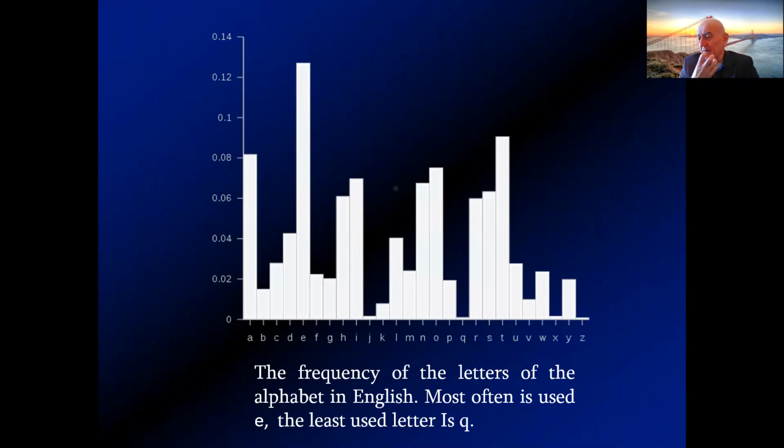And what is the main fault, the main drawback of these ciphers? The basic drawback is that all these ciphers can be broken in an easy way by cryptanalysis, particularly by using the frequency distribution of letters.